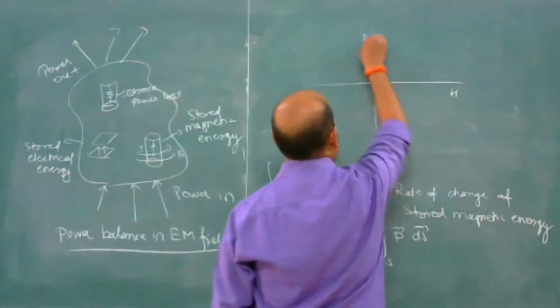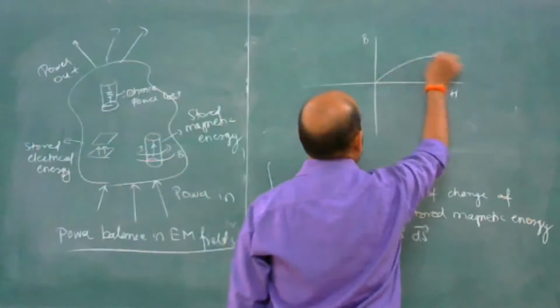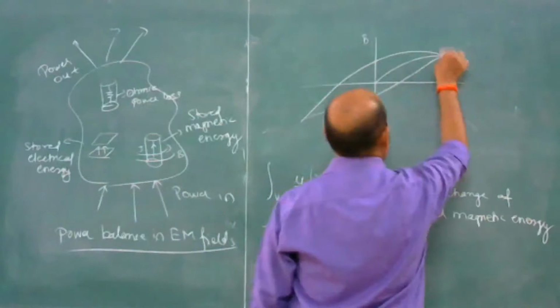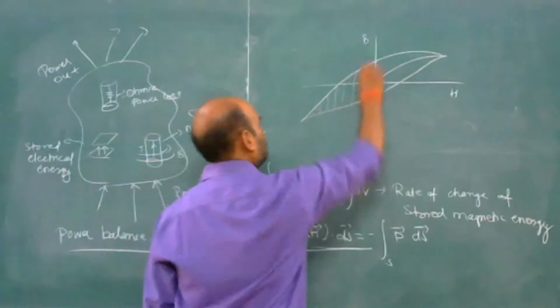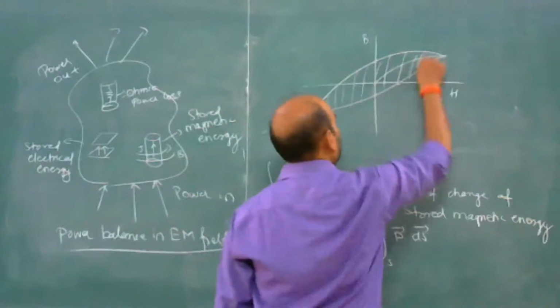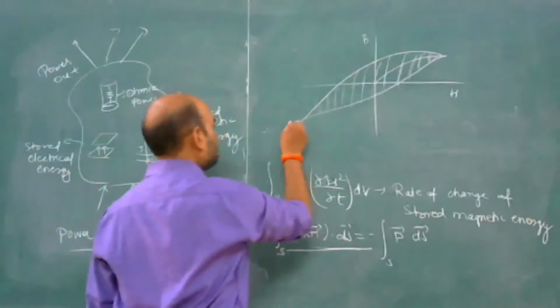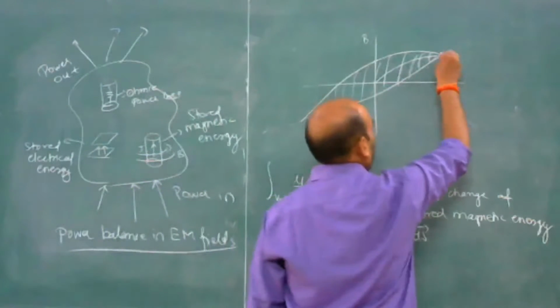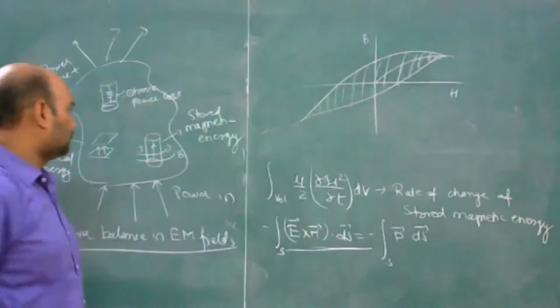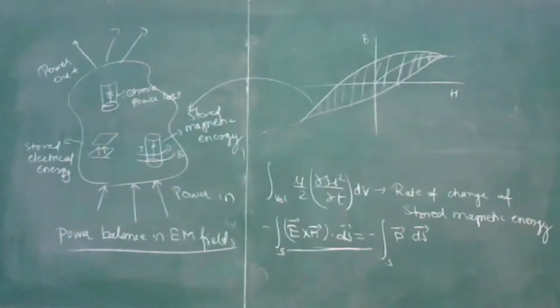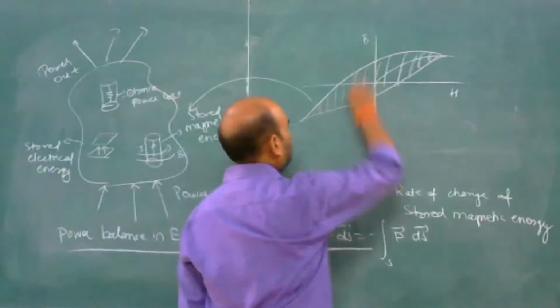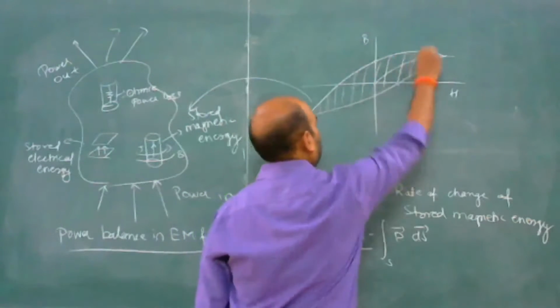If we draw a curve between B and H, the area enclosed within this hysteresis loop gives the energy stored in the magnetic field. So this area will represent the magnetic field energy.